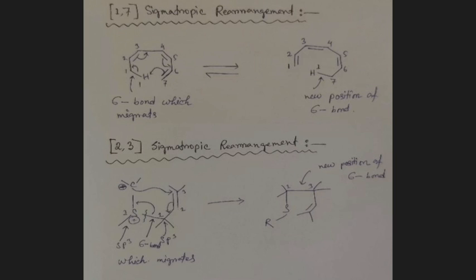And the next molecule. This has a heteroatom. The sigma bond between the sp3 carbon and the sp3 heteroatom will migrate, and the new bond forms at the number 3 carbon of the pi system. So the 2,3 position sigma bond migrates. This is called a 2,3 sigmatropic rearrangement.